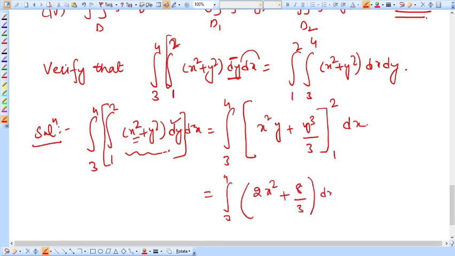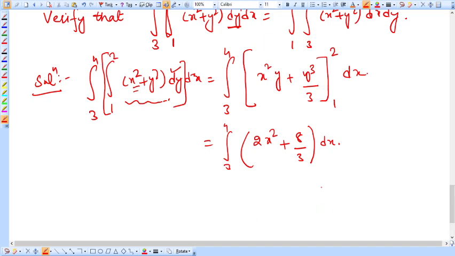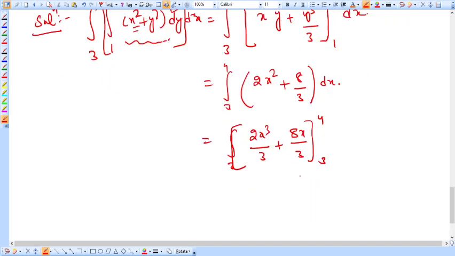Now integrate with respect to x, so you will get 2x cube by 3 plus 8x by 3, and 3 to 4 is the limit of the integration.